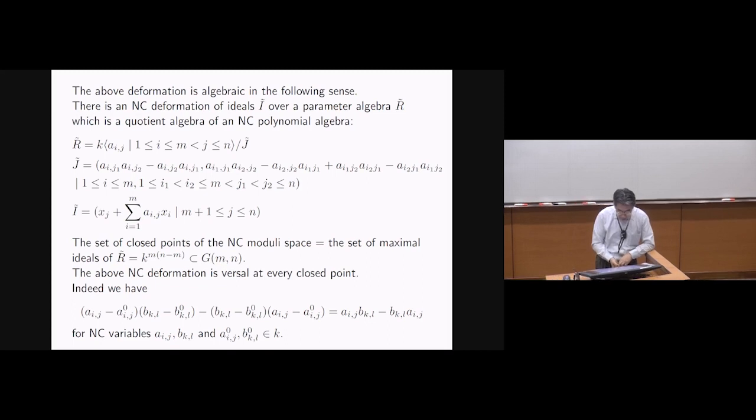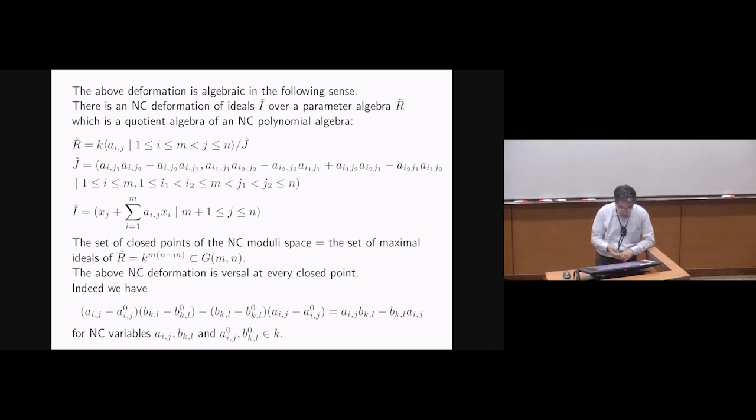And then at each point, the formal structure is the same because this calculation shows that if you shift Aij by Aij 0, by some constant, then the commutator doesn't change.